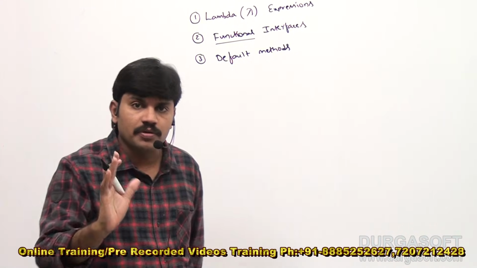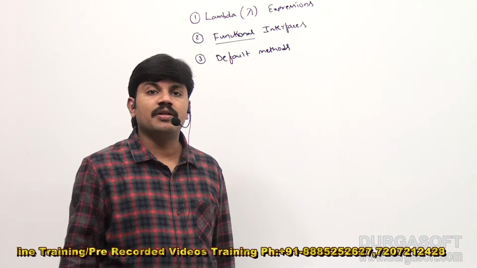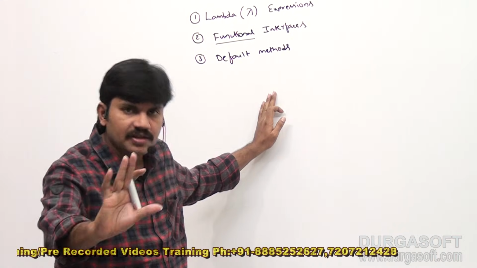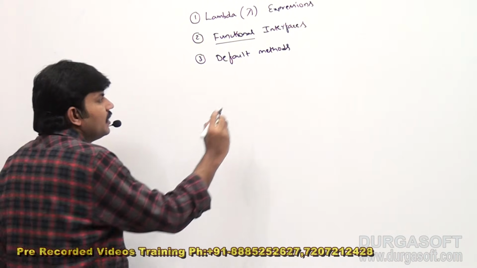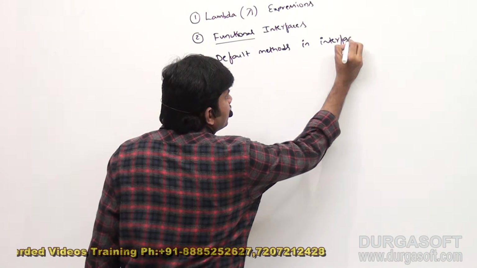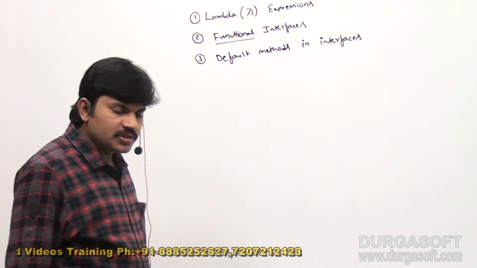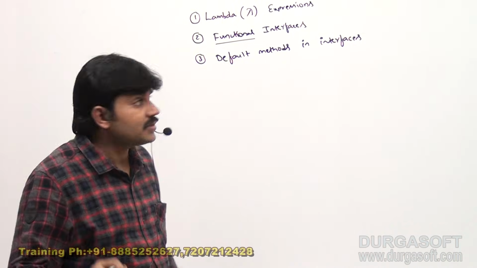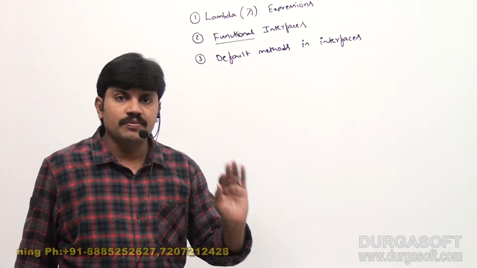What is a default method? What is the purpose of a default method? How can we declare default methods? I will explain in detail, don't worry about that. From the 1.8 version onwards, we can declare concrete methods inside an interface with the name default methods.